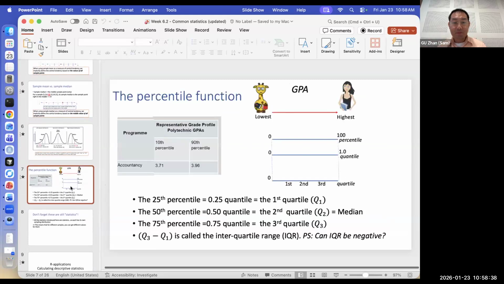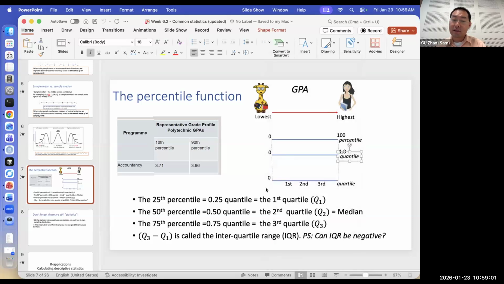Then next we'll talk about the percentile, quantile, and quartile. Percentile is from 0 to 100. The quantile is from 0 to 1, so it is the percentile divided by 100. You convert percentile to quantile. And the quartiles are the first quartile, second quartile, third quartile, to the fourth quartile.